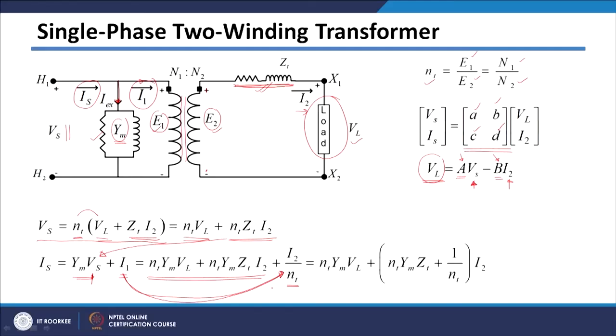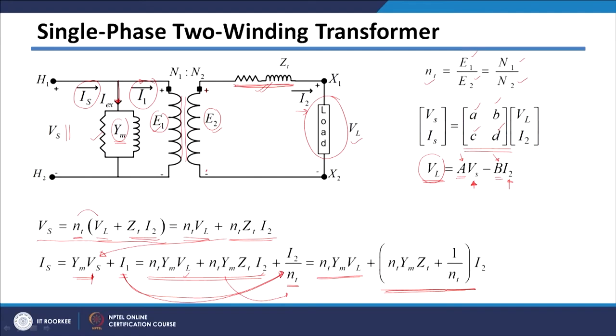In that case, separating out the terms which are VL and IL together, there is only one term related to VL, which I am taking out, and there are 2 terms related to I2. If you take them together, I will get this term here. So, here we can easily see that I am writing 2 equations, Vs, source side voltage, and source side current in terms of load side voltage and load side current.